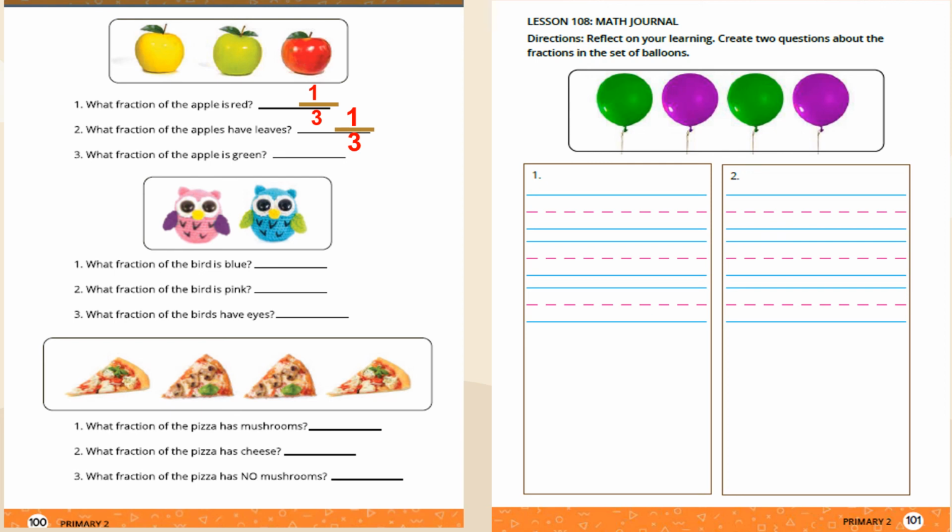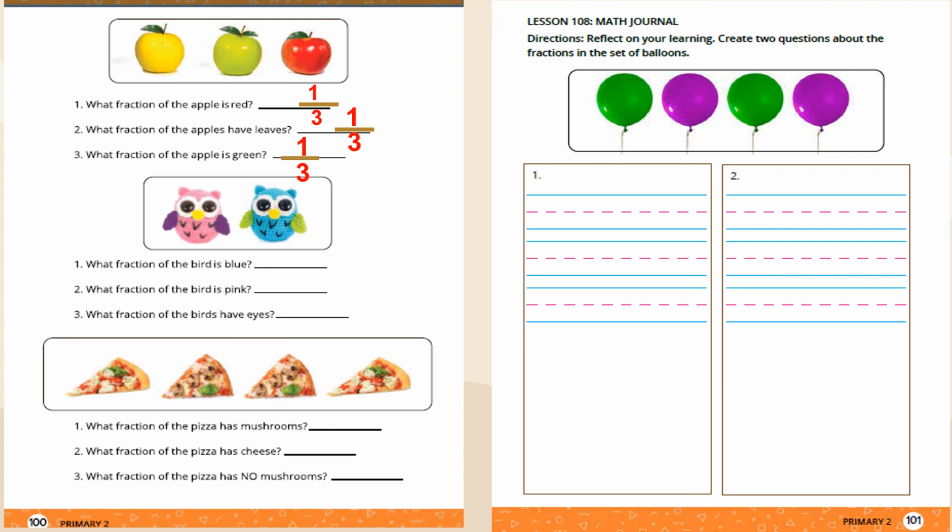Okay, in the third question, what fraction of the apples is green? How many green apples? 1. So must put first the fraction bar, then in the upper the colored part, green 1, and the total apples 3. So it will be 1 over 3.